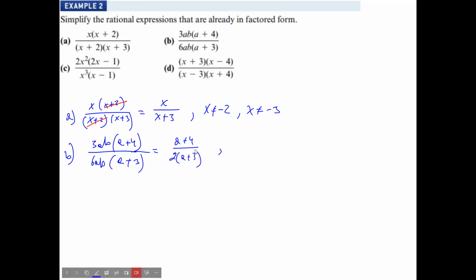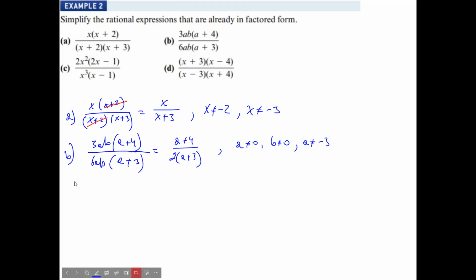And again, probably here we don't have to talk about the restrictions, but it's good to understand that they are there, right? And a not equal to minus 3. By writing these restrictions, we're making sure that the denominator is not 0, right?